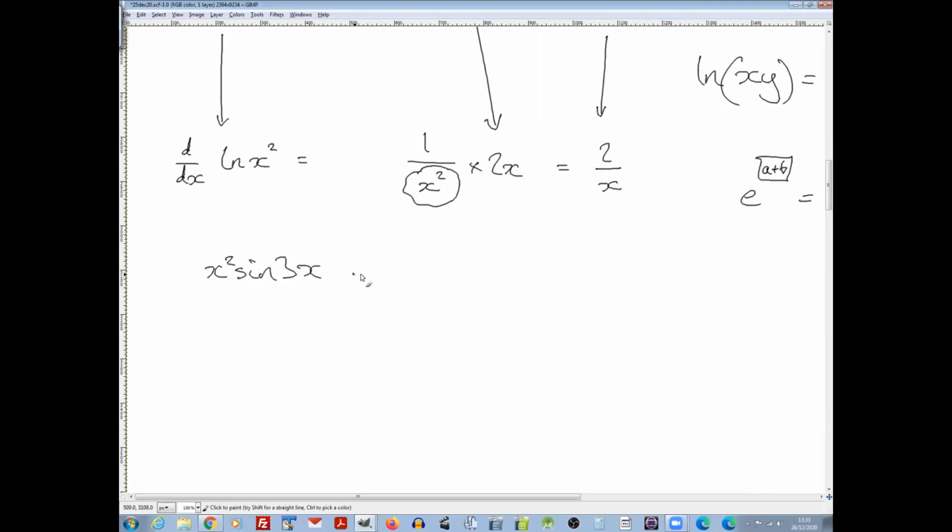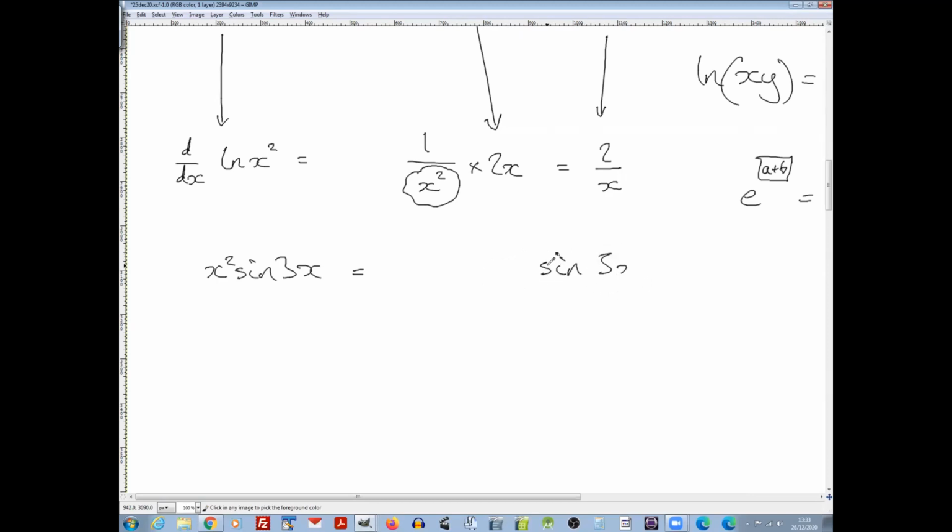So how are we going to parse this? As a composite? I think, yeah, so you have sine 3x as a blob.